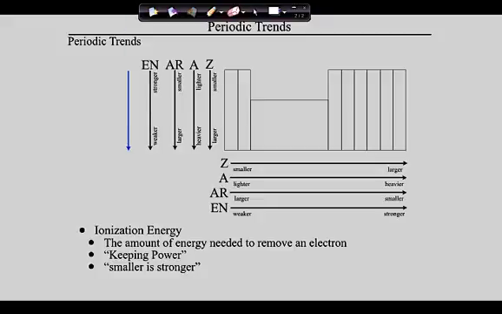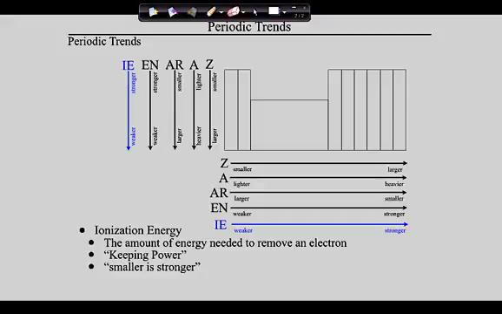So guys, when we draw in the arrows and label them ionization energy, the trends are exactly the same as electronegativity. They go strong, weaker, and weaker to stronger. So guys, understand ionization energy and electronegativity are opposite sides of the same coin. Ionization energy is keeping, electronegativity is stealing. It's the same things that make them good stealers, make them good keepers.